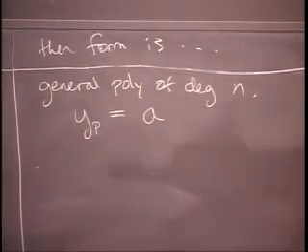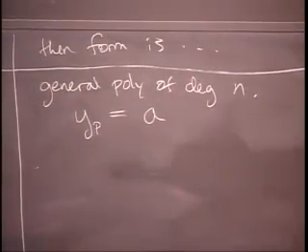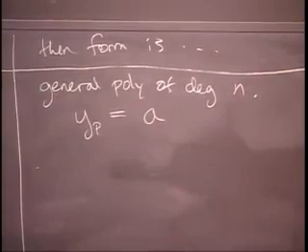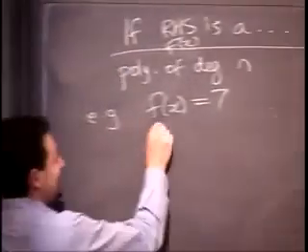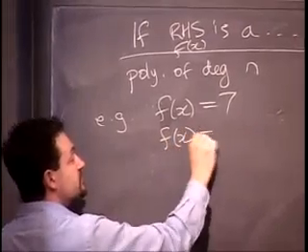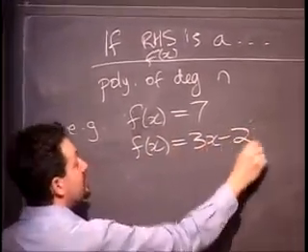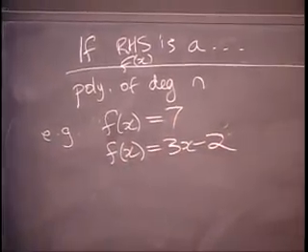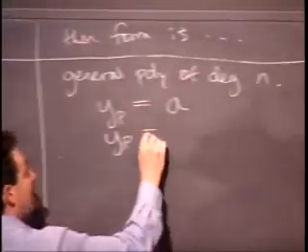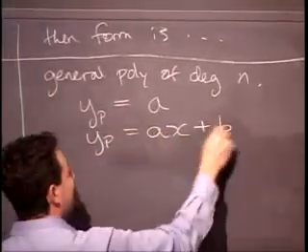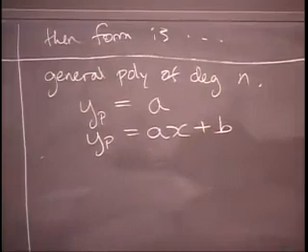And this is not the same a that appeared in the differential equation. This is an a that you write down. So I'm sort of reusing letters, but you will forgive me, I hope. Suppose that the right-hand side of the original equation was 3x minus 2, for example. Well, that's now a linear function. So you put ax plus b here, and you have to find what little a and little b are.